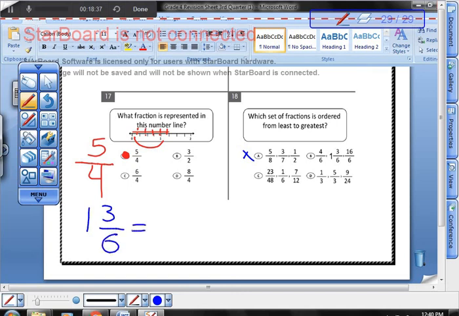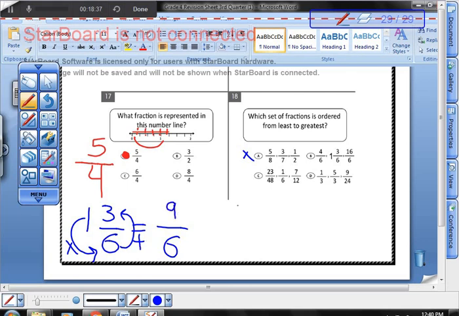How can we convert a mixed number to an improper fraction? The first step, I'll keep my denominator as it is. Then we will multiply 1 times 6, and add the answer to the numerator. So 1 times 6 equals 6 plus 3, which is 9.